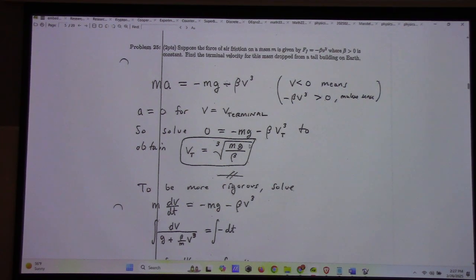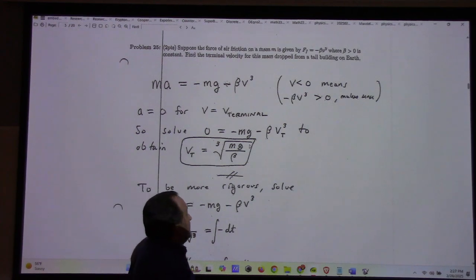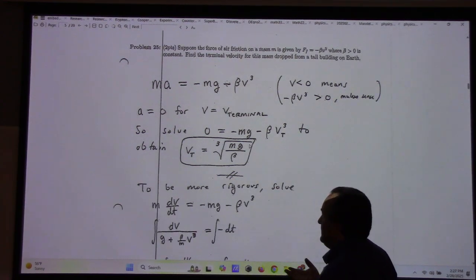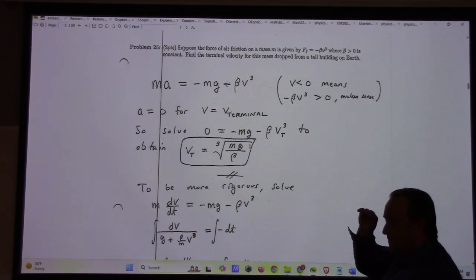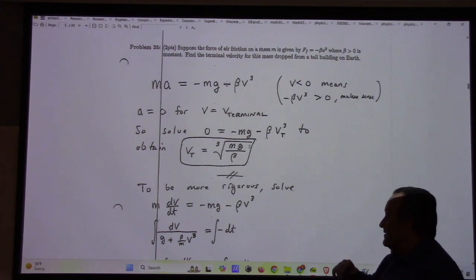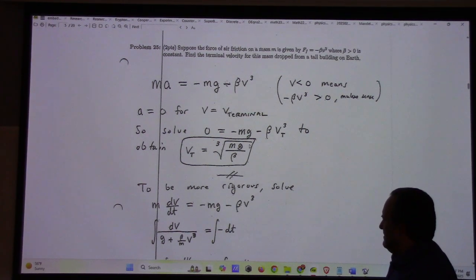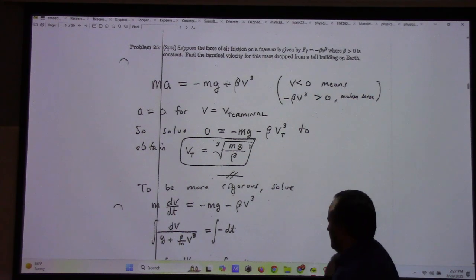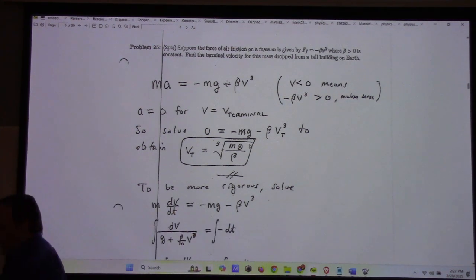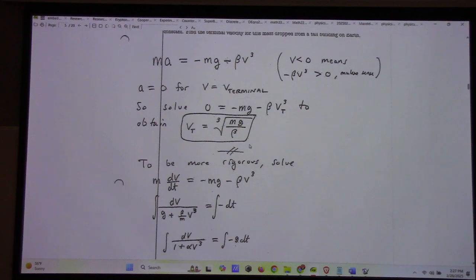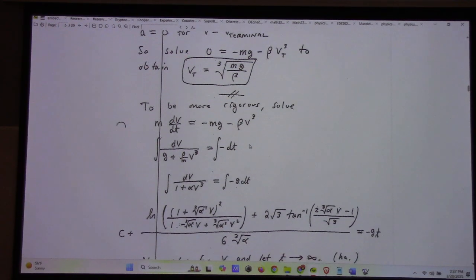This one here seems very scary until you realize we can just set the acceleration equal to 0 to find the terminal velocity, and so we can solve for VT, right? The other way to do it, oh, did I actually do this? Oh no, did I? Oh, I did.